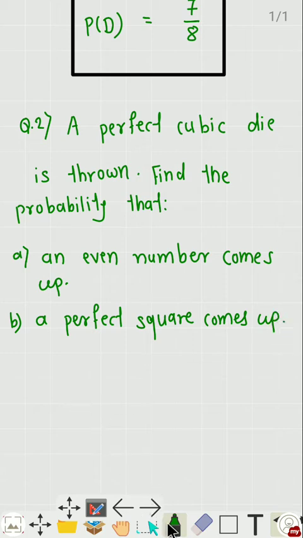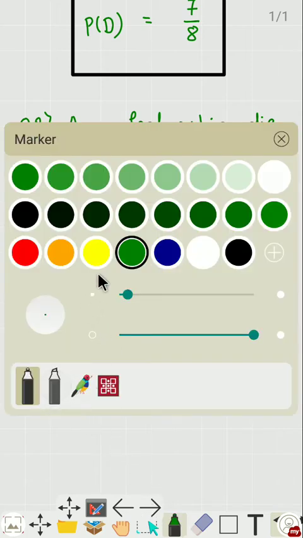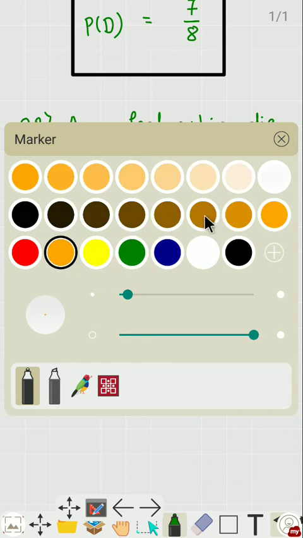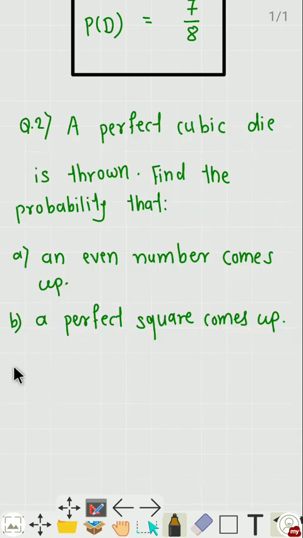Okay, so let us write the answer for this question. Here the random experiment is throwing a cubic die.